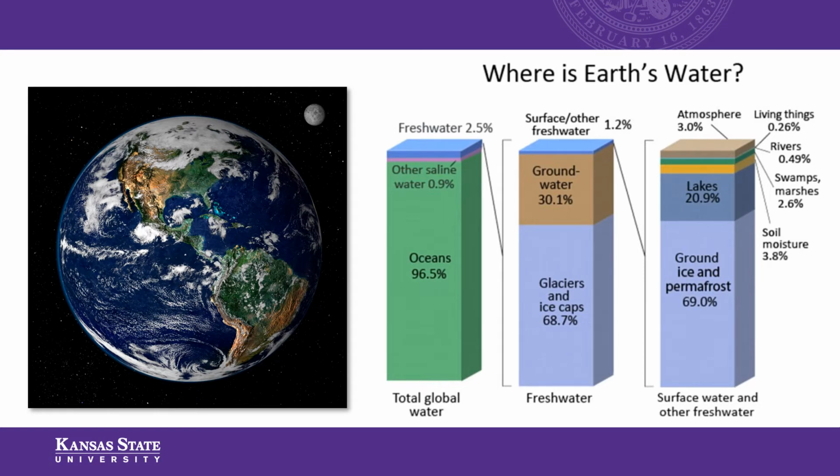So if we subtract that 68.7%, that leaves us with the remaining amount of water available to us. 30% of that is underground in our groundwater system, and then just a little over 1% of all fresh water, which remember is only 2.5% of all water, is available through rivers, lakes, streams, and other surface water. So the groundwater plus our surface water is really what we have available for us to use as humans for the things that we need.